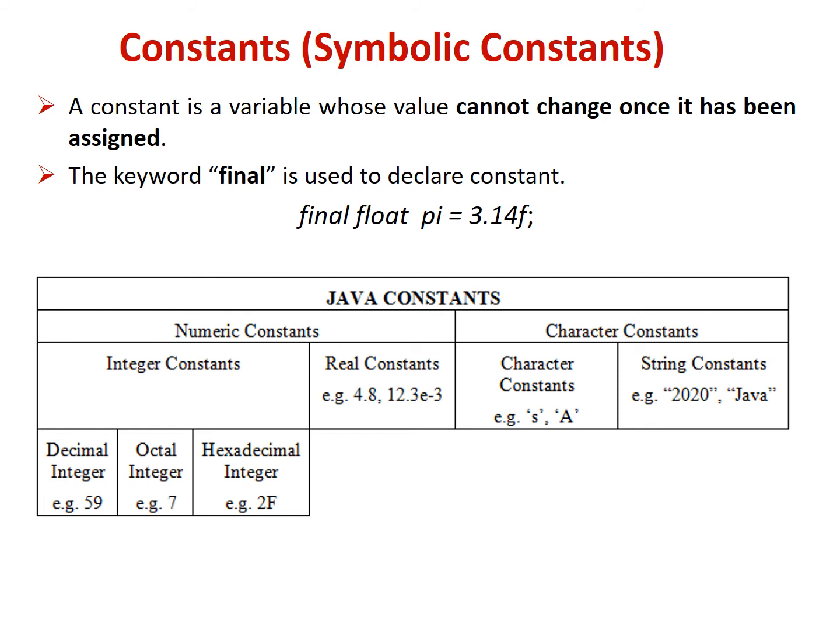Java constants are classified into numeric constants and character constants. Numeric constants are again classified into integer and real, whereas real constants are classified into decimal integer, octal integer, and hexadecimal integer. Character constants are classified into string constants and character constants.